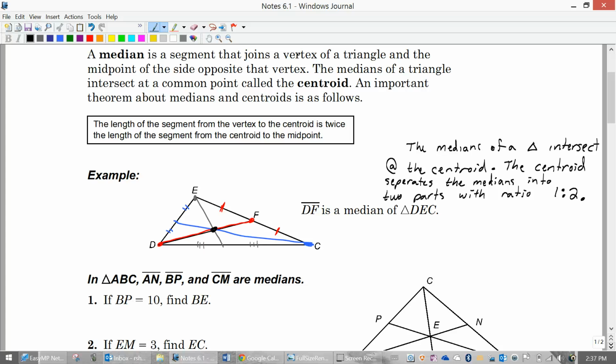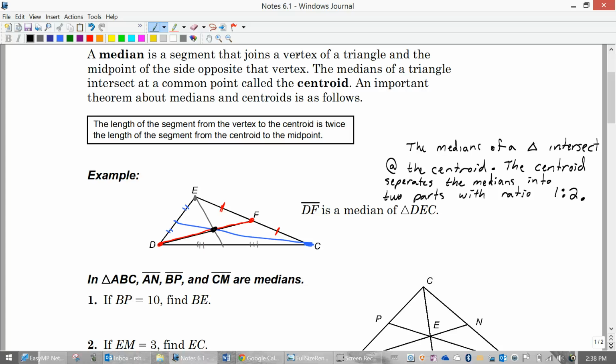So 1 to 2 is the ratio, and understanding that ratio is really important to understanding this whole conversation we're about to have. If the ratio is 1 to 2, that means there are 3 total parts that make up the whole. Does that make sense? One of those parts is the small one. It's half the size of the big one. Okay? In terms of the whole thing, the smallest is 1/3 the size of the whole thing.